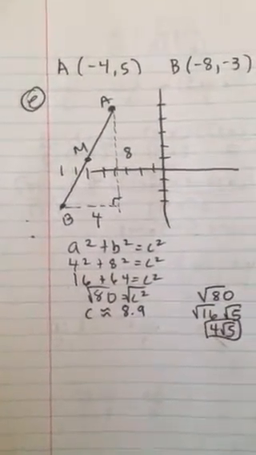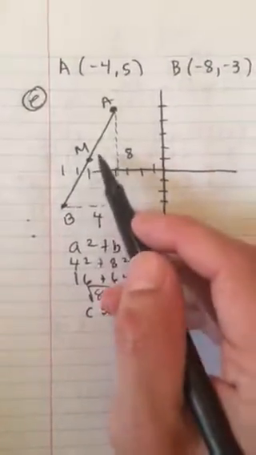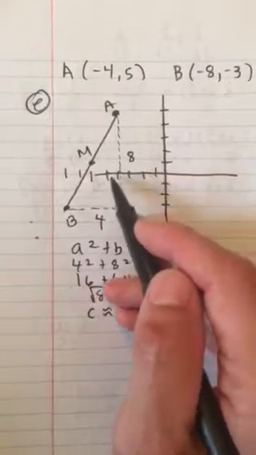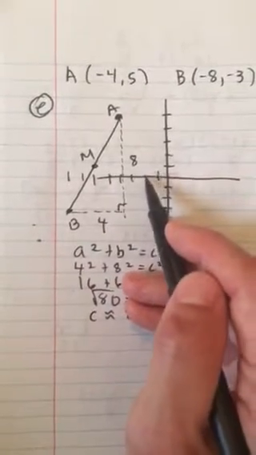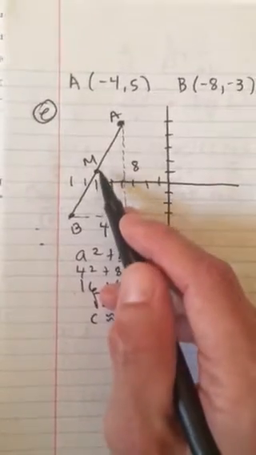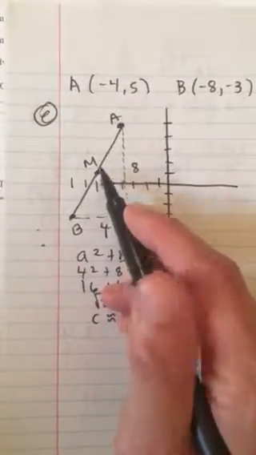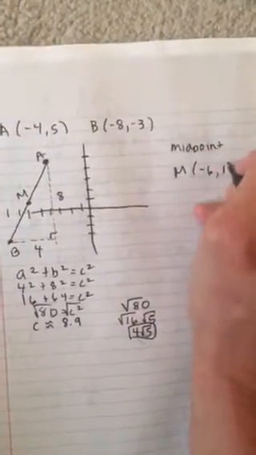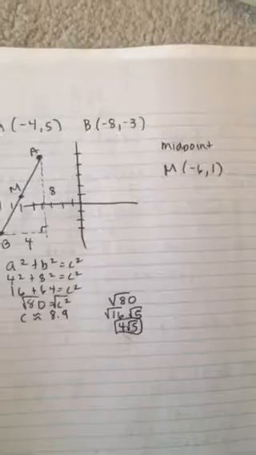I think visually it will make most sense. If I look at this point, the point in between is going to be left 1, 2, 3, 4, 5, 6. And then it seems like it's up 1. So my midpoint is at left 6, up 1.